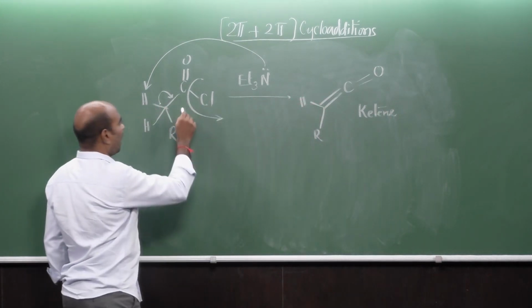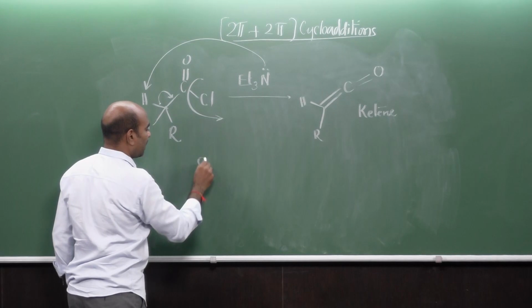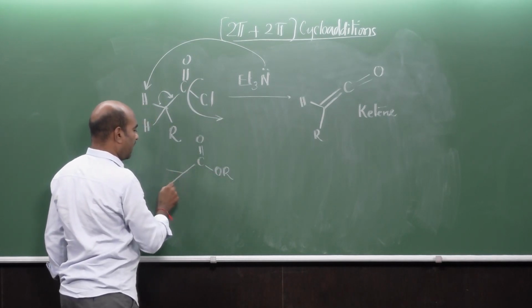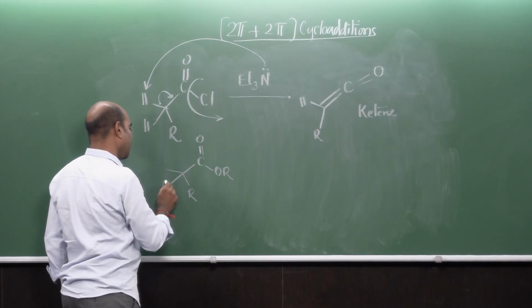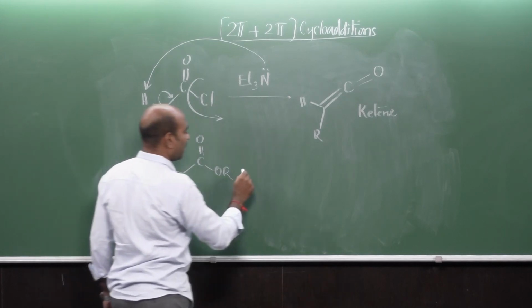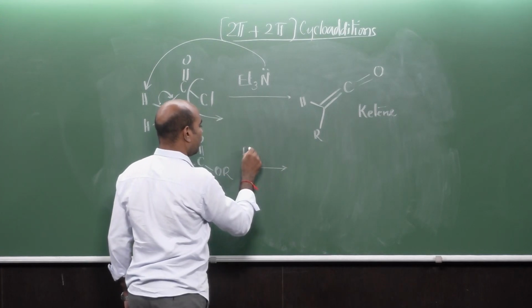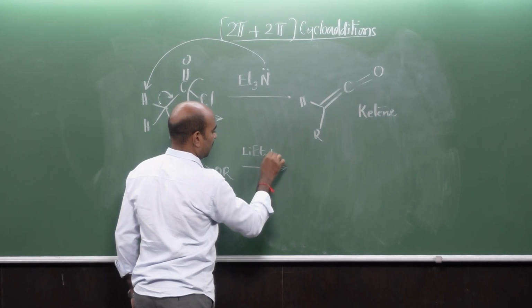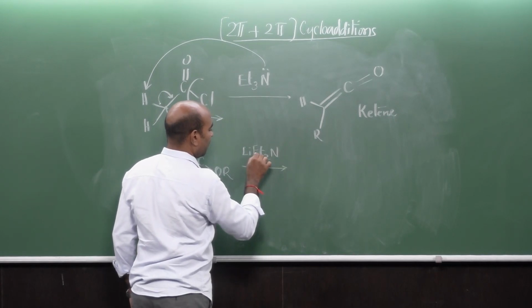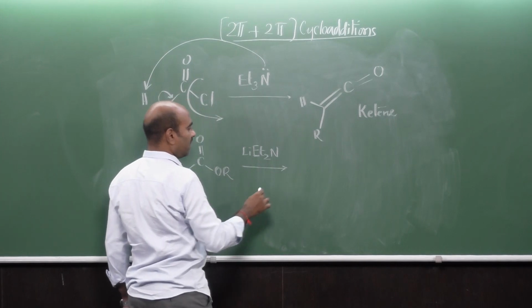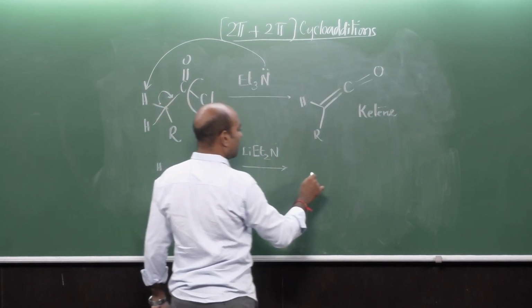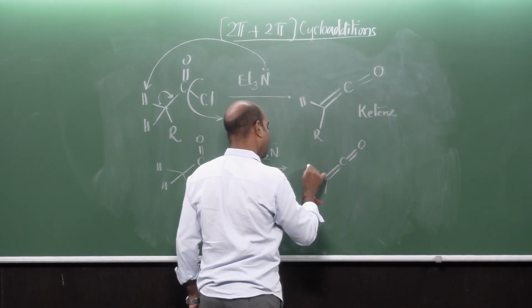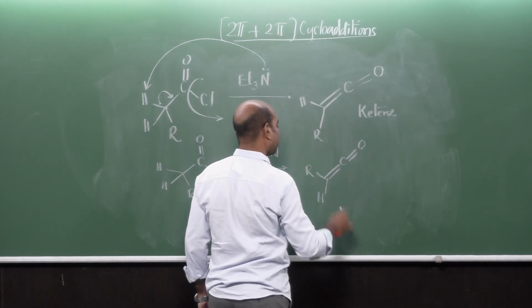What if I do not have this acid halide, but I have an ester? Again, if the ester is having at least one alpha hydrogen, treating it with a base like lithium dialkylamide gives the same result. So, you will get a ketene here, right.